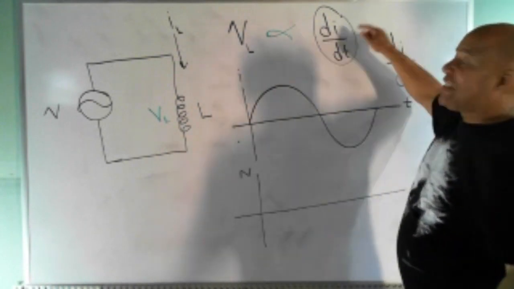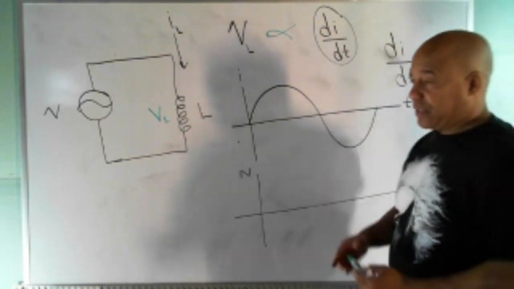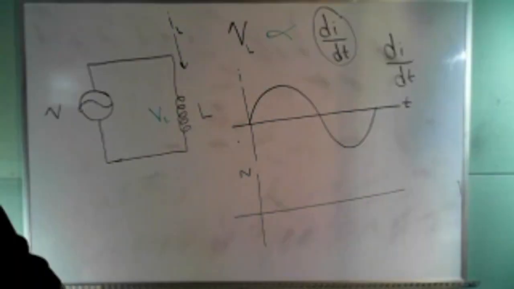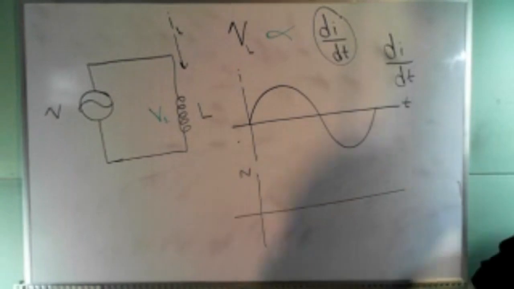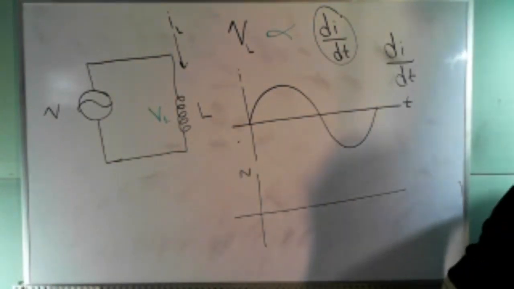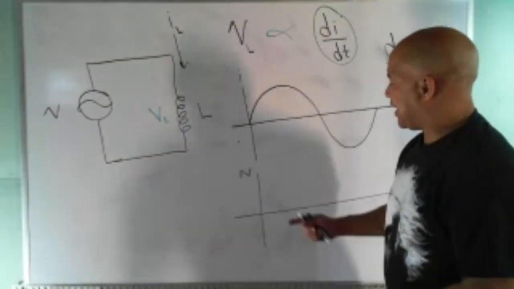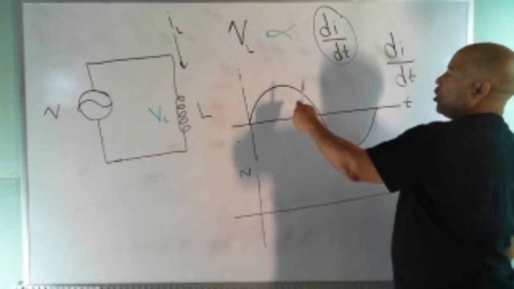What is di dt? Di dt is the slope of a tangent line. And so, where's my tangent line? I don't know what I did with my pen, my tangent line, but here we go. If I want to see what this looks like, I've got to get the slope of this current.